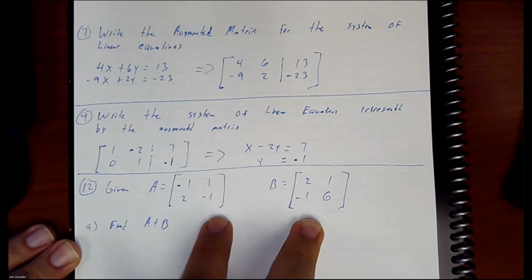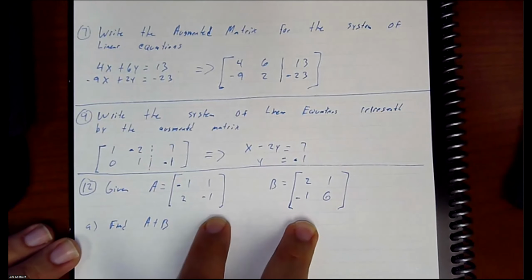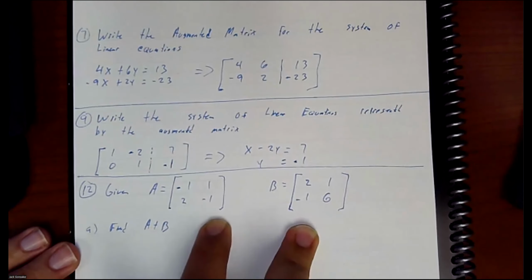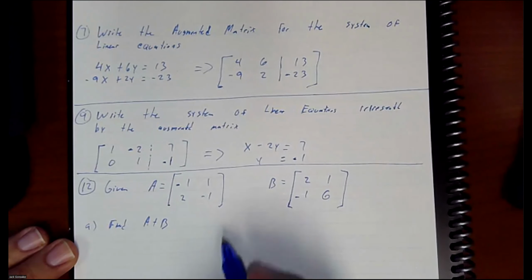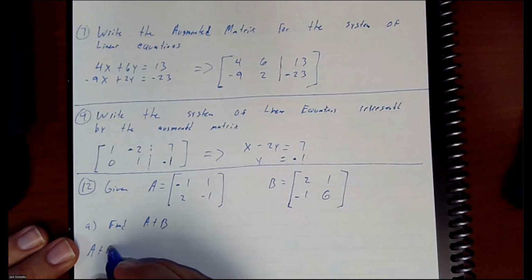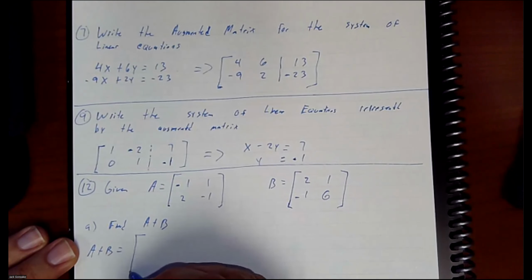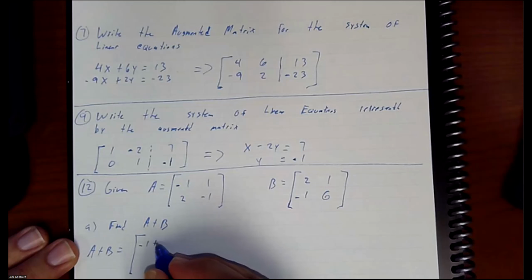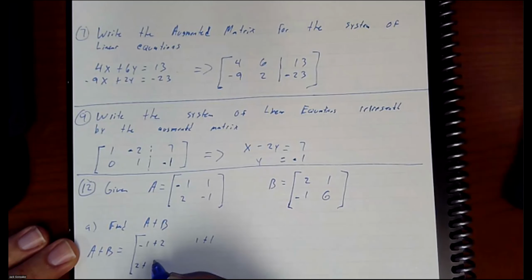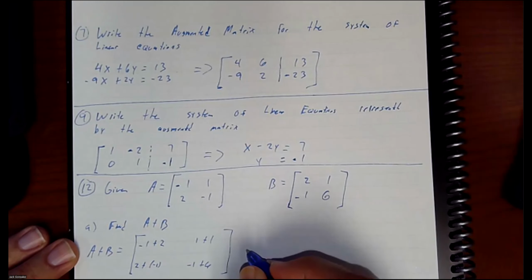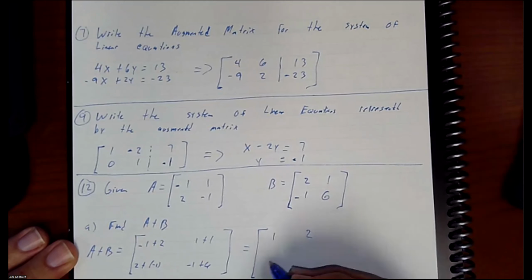If they're not the exact same size, then you can't do any addition or subtraction. But A plus B, just add each one: -1 plus 2, 1 plus 1, 2 plus -1, -1 plus 6. So that will be 1, 2, 1, 5.